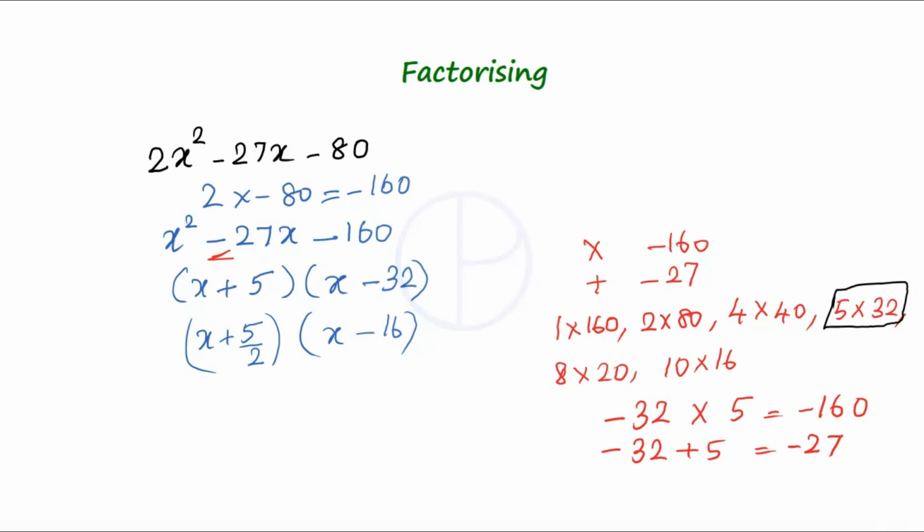Now take the denominator and multiply it by x, which gives 2x plus 5 multiplied by x minus 16. And this is the final answer.